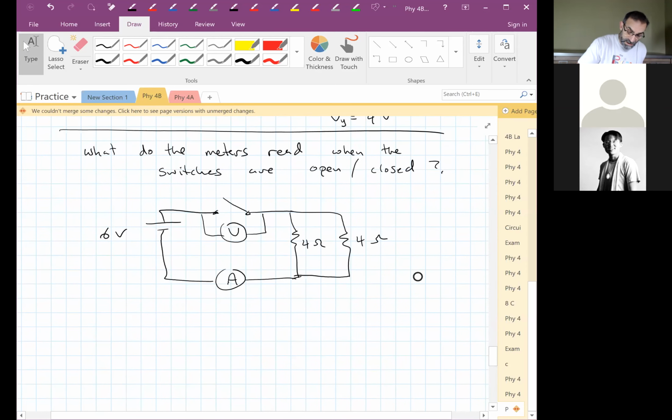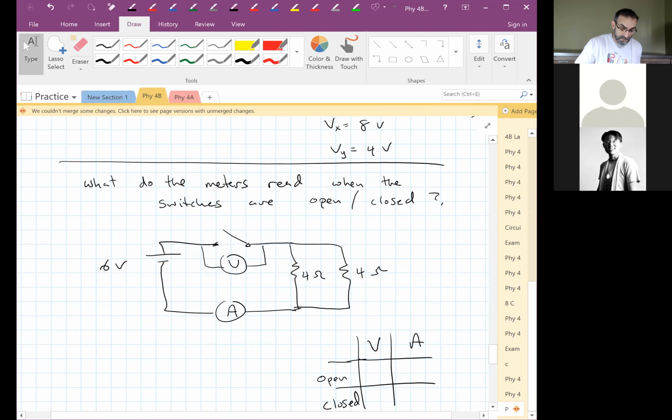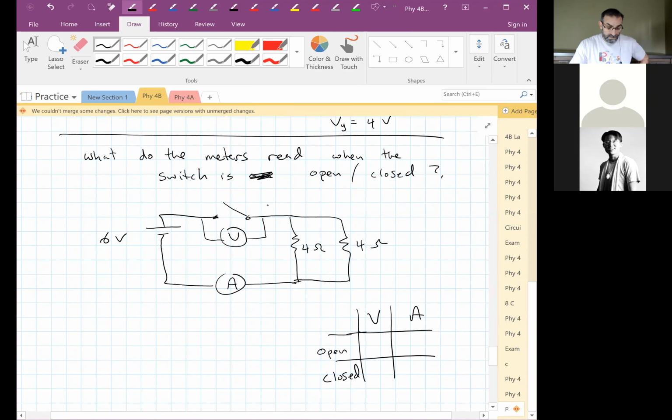So fill in the table, basically. It's only one switch. These are ideal.